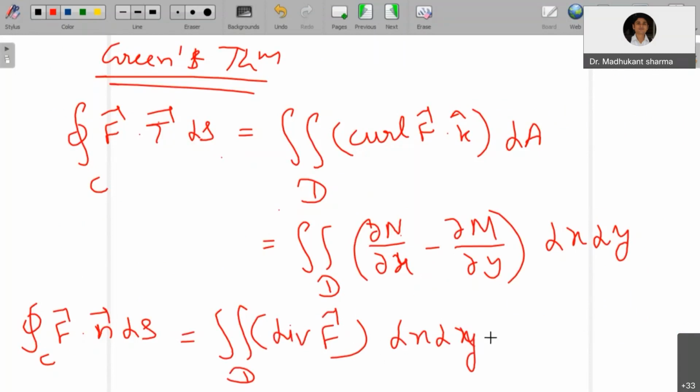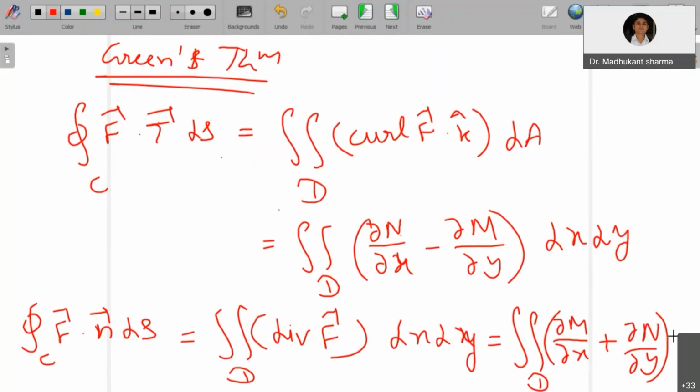You know the divergence of F is dou M by dou X plus dou N by dou Y. So sometimes these are known as the tangential form and the normal form of Green's theorem. Right, now let's verify Green's theorem with one example.